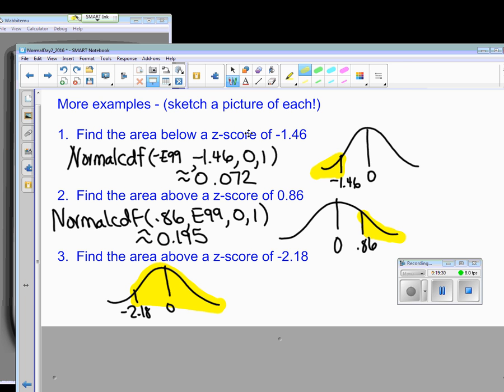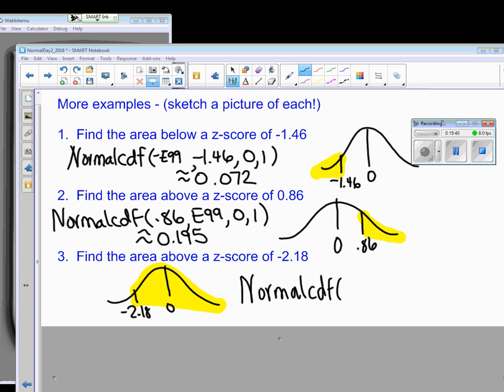So you always want to ask yourself, is my answer reasonable? Okay. What if I got a number that was greater than 1? Would that be reasonable? Why not? Because the probability has to be less than 1, and the area all under the curve is 1, so it's never going to be greater than that.